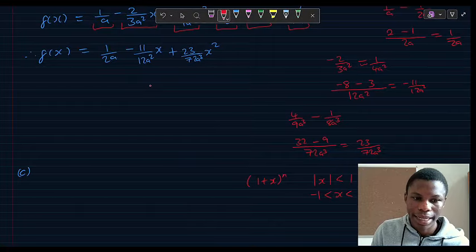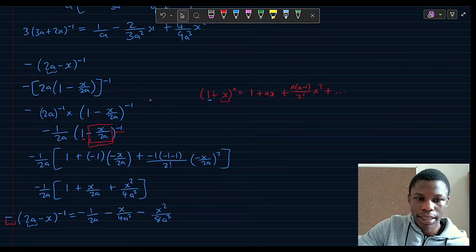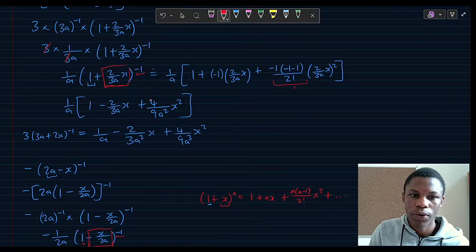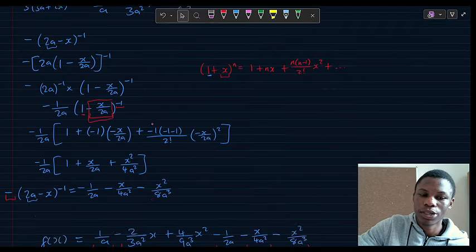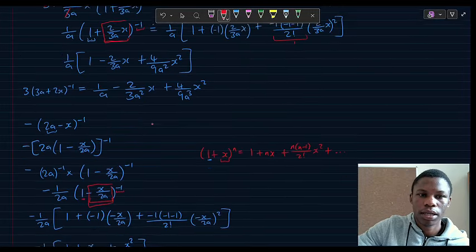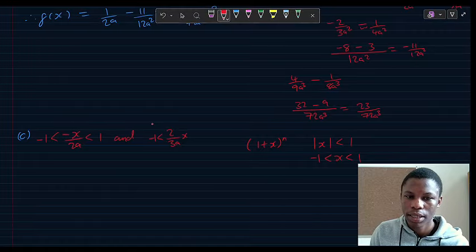So negative x over 2a is between negative 1 and 1, and we also used x as 2 over 3a x. That was 2 over 3a x? Yes, okay. So that also has to be between negative 1 and 1.